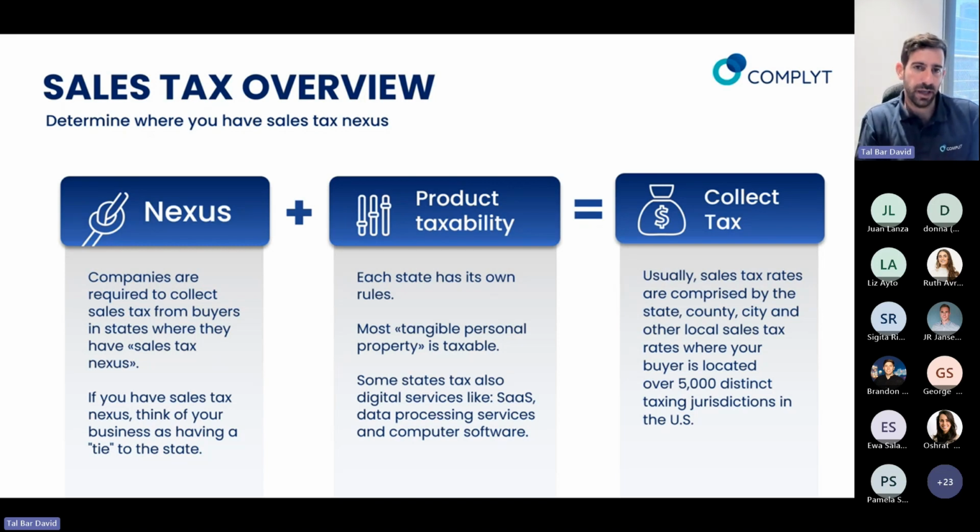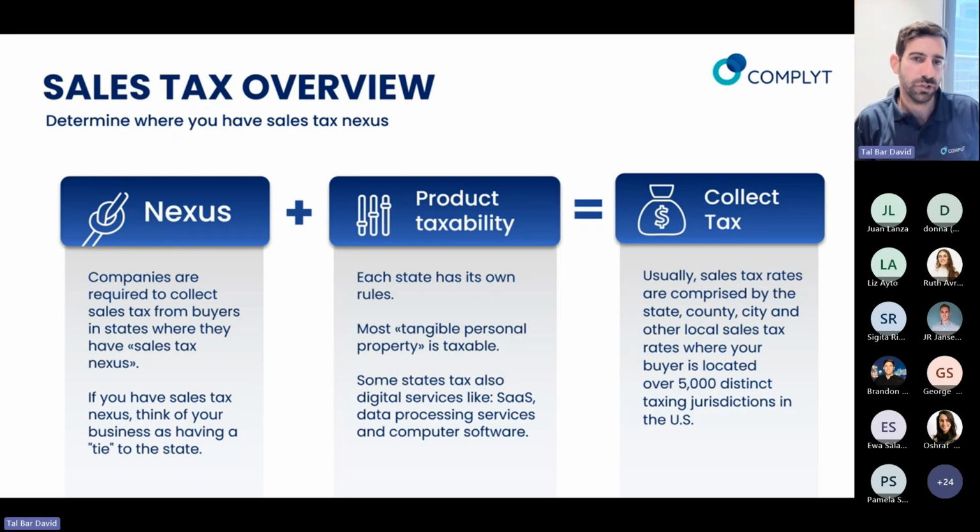In both cases, as long as your customer is located in the US, you need to ask yourself a few questions to understand whether you need to collect sales tax or not. And it doesn't really matter whether the transaction is generated from the UK entity or from the US subsidiary.